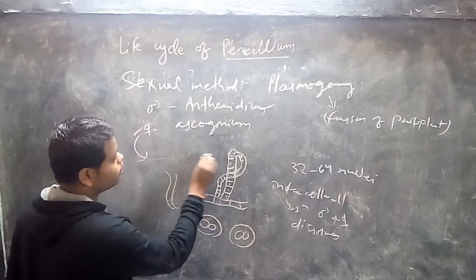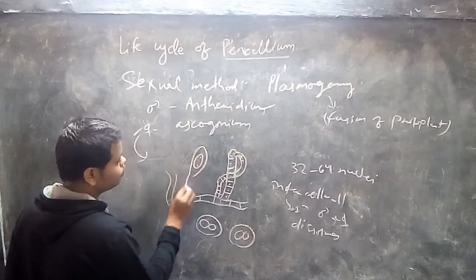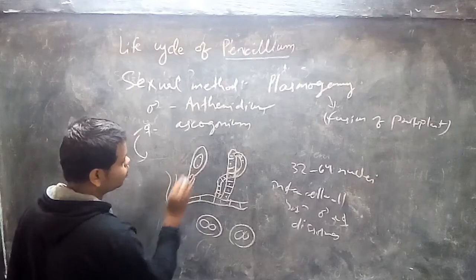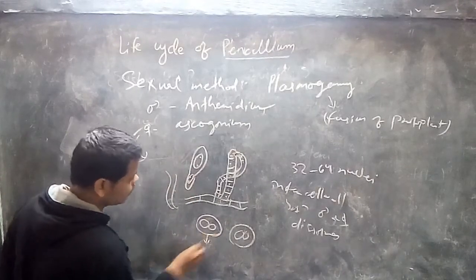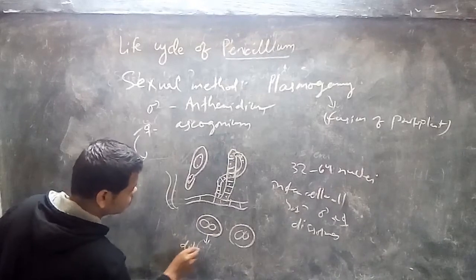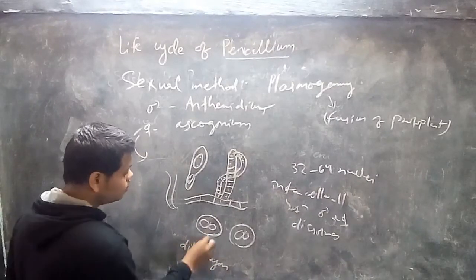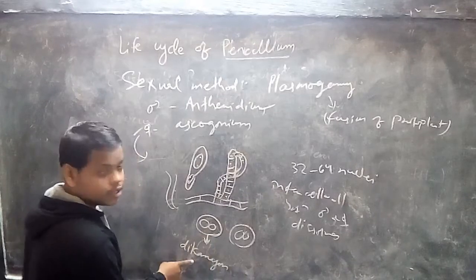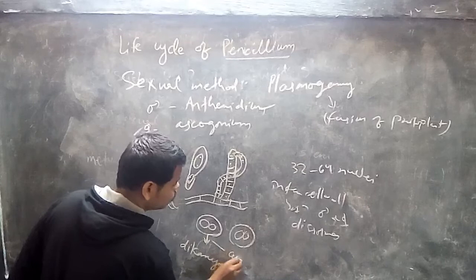The single nuclei of the ascogonium fuse with each other to form a diploid nucleus. These diploid nuclei are now called dikaryon, and the process by which this dikaryon is formed is called autogamy.